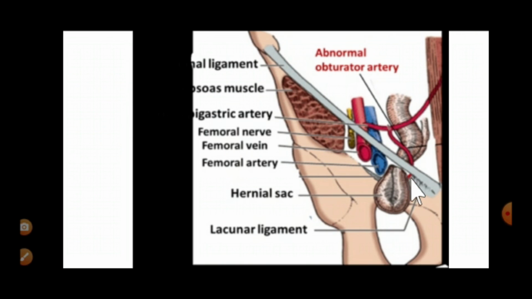But sometimes what happens is this femoral ring, this is a very narrow ring here, and the loop, when it has come out, the vessels of this loop of intestine may get compressed, and the loop of intestine which has come out as hernia can get strangulated and undergo gangrene.